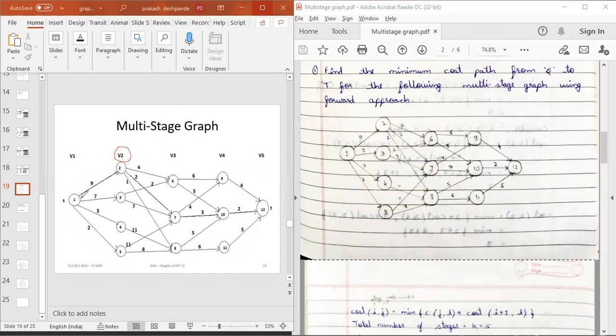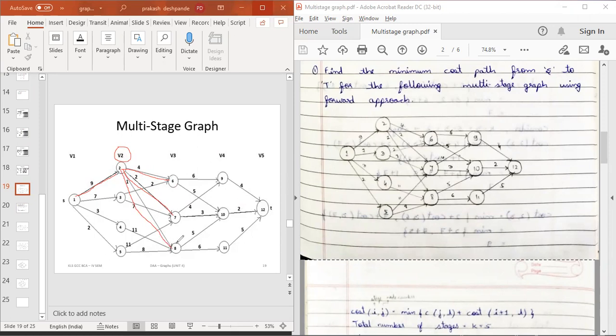For example, students, from vertex 1, I can reach vertex 2. Then from vertex 2, if I want to reach the destination 12, then from 2 to the next stage there may exist 3 different paths. One is from vertex 2 to vertex 6. Another is vertex 2 to vertex 7, and another is from vertex 2 to vertex 8.